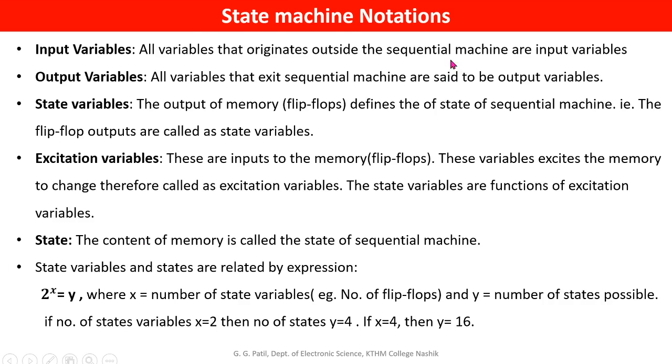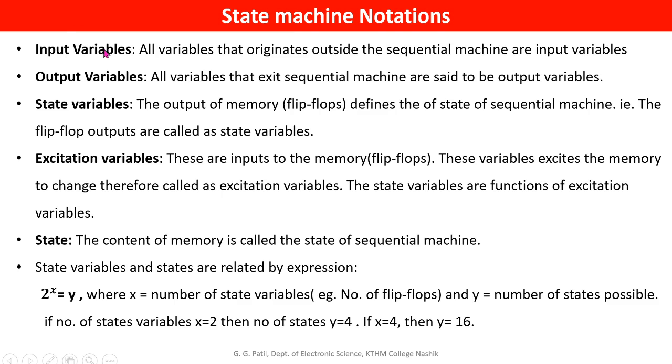Now, the state machine notations. While describing or studying the various types of sequential state machines, we always observe a number of terms in that machine. So, we should know what exactly these terms are, used to describe the sequential machine.